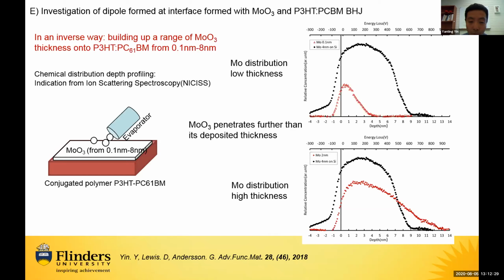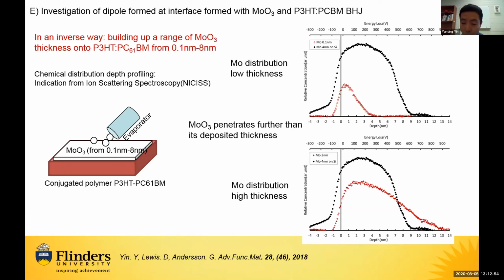So the first thing we see from the NICIS measurement is that molybdenum oxide is penetrating heavily into the bulk heterojunction. For example, on the right side of the figure, if we only put 0.1 nanometer of molybdenum oxide, you can find moly particles at a depth of 3 nanometers.